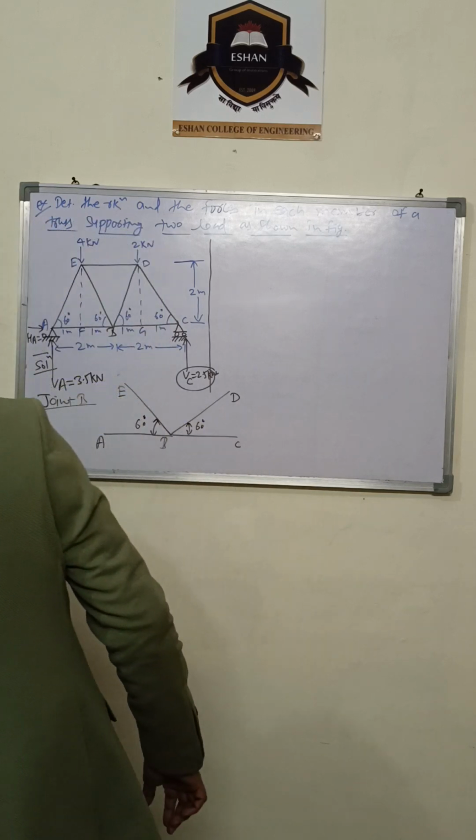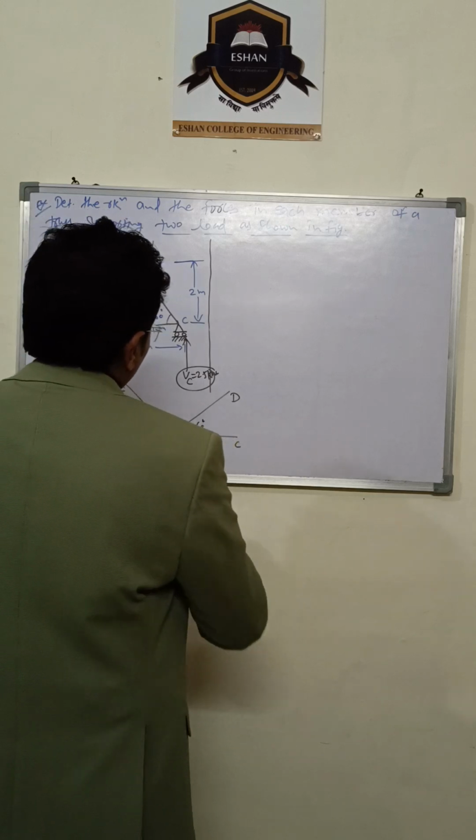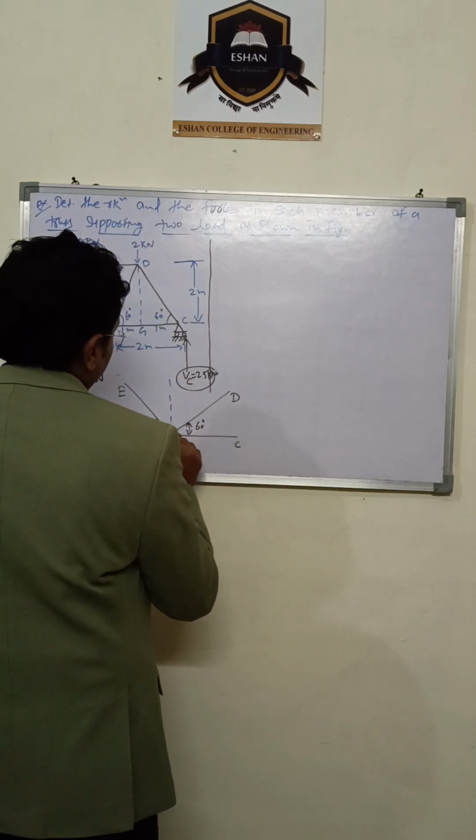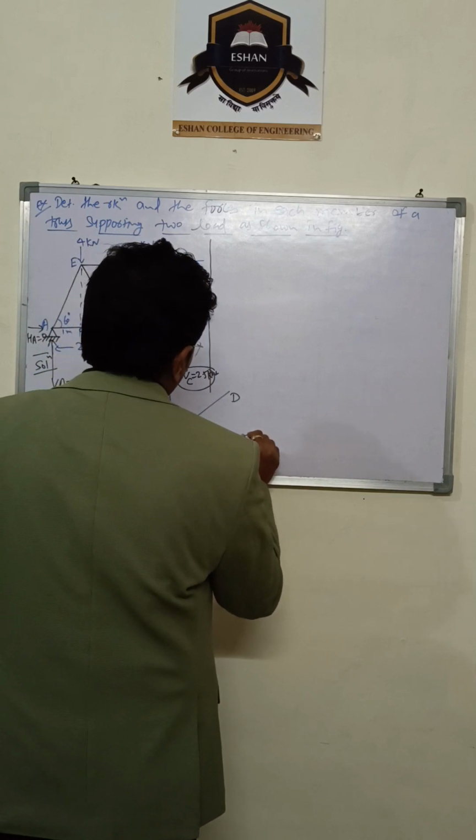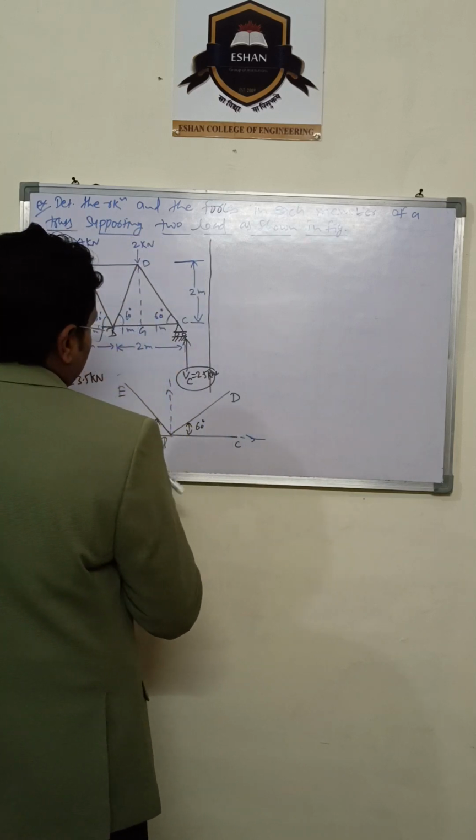Definitely we have two inclined members, so two components are to be generated, the horizontal and the vertical.